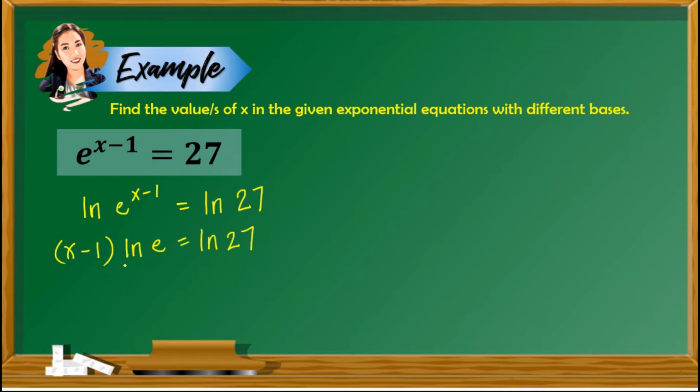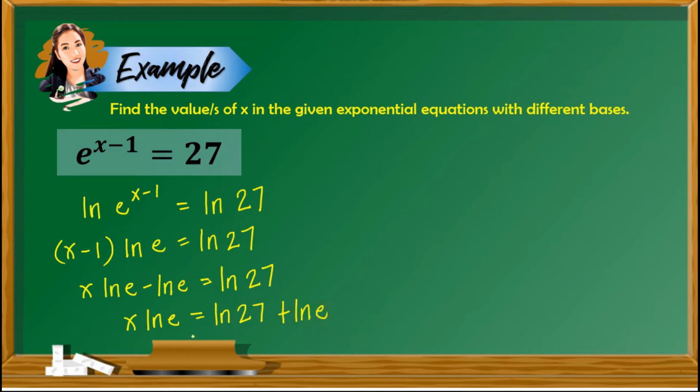Next is to distribute ln of e to these terms. So we have x ln of e minus ln of e equals ln of 27. Next thing to do, isolate x ln of e, so it equals ln of 27 plus ln of e. To remove ln of e, we need to divide both sides by ln of e so that we only have x on the left side.